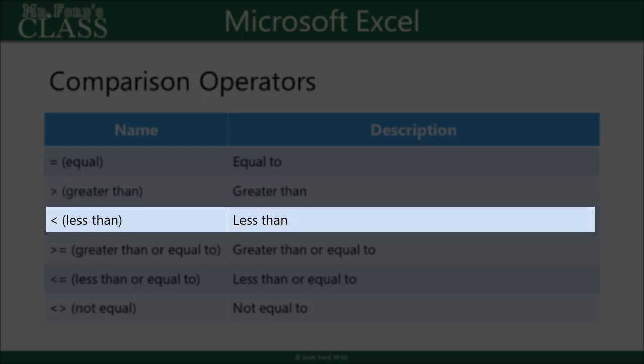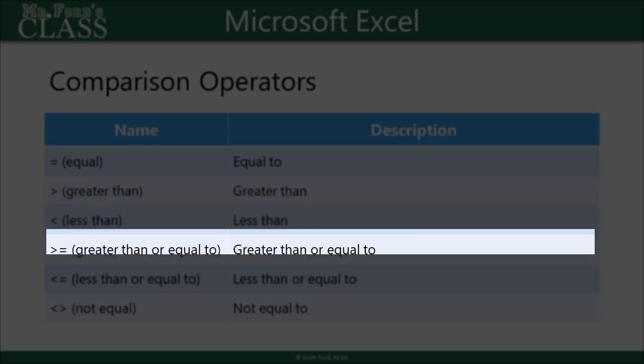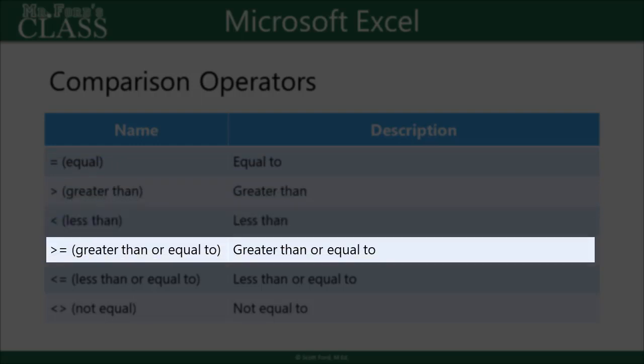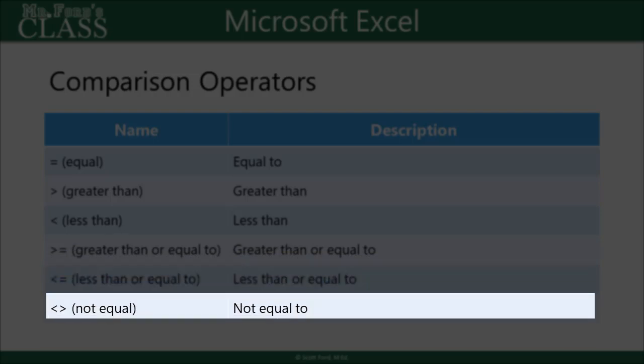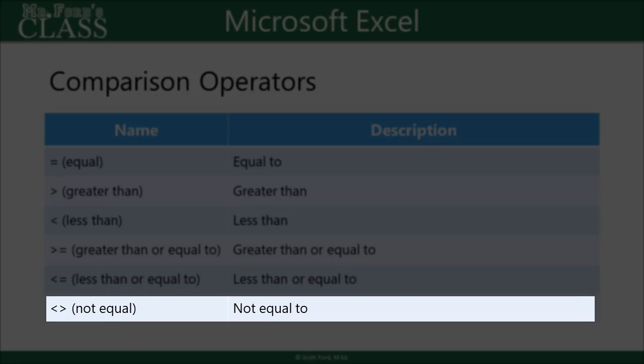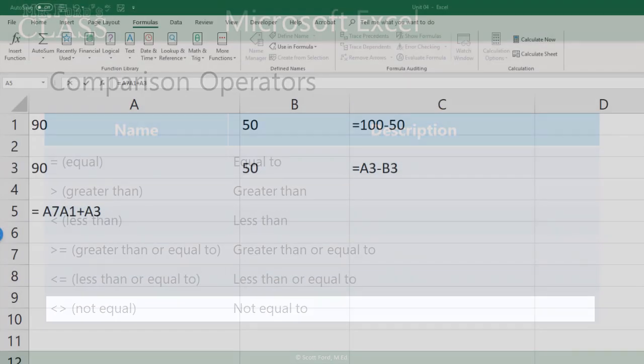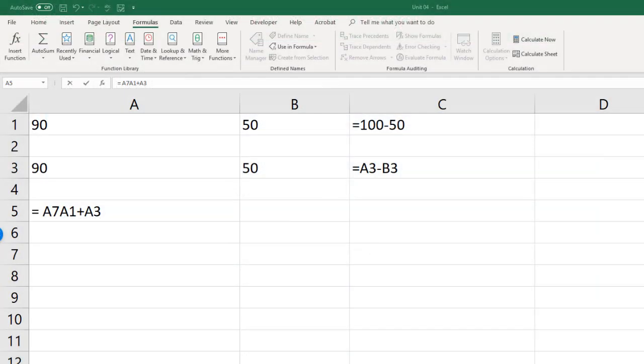The lesser sign is lesser than. If you need to do greater than or equal to, then you would do the greater than followed by an equal sign. If you need to do lesser than or equal to, you would use the lesser sign, followed by an equal. And if you want to do not equal, you would use the greater than, followed by the lesser than. And that's pretty much it as far as using simple formulas.